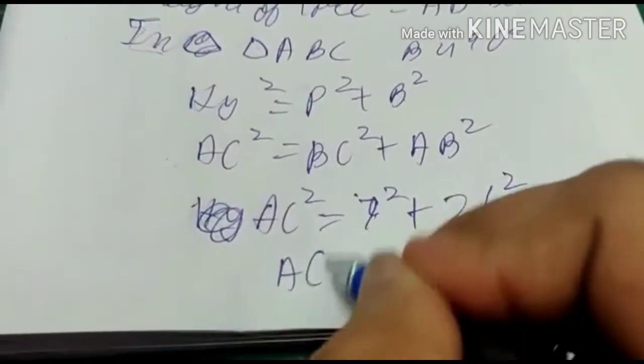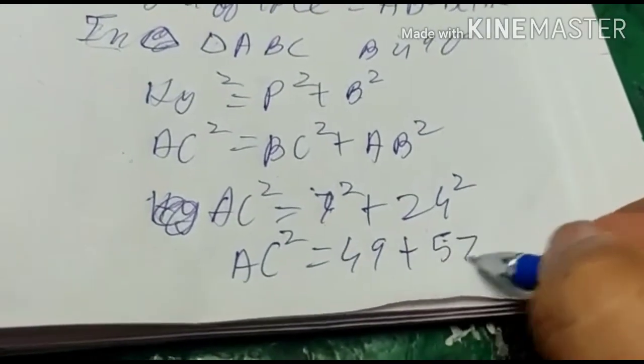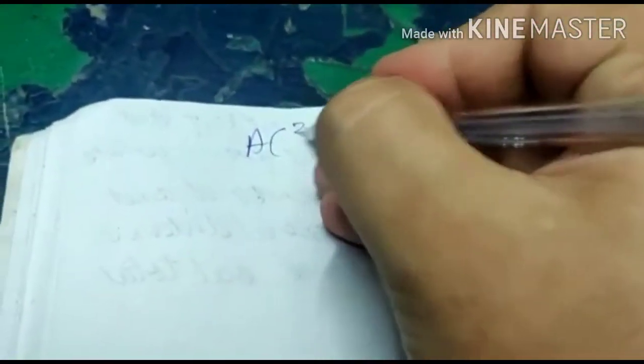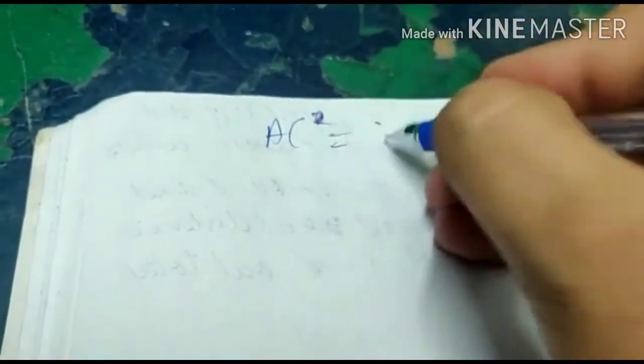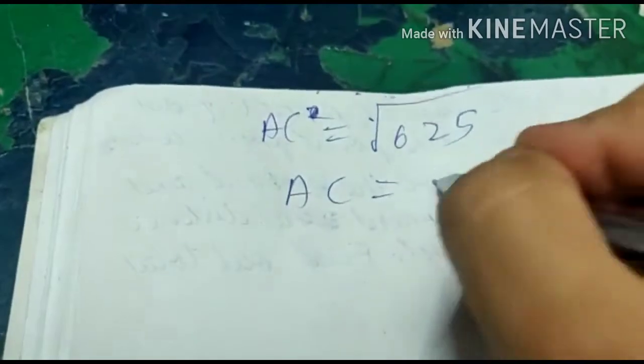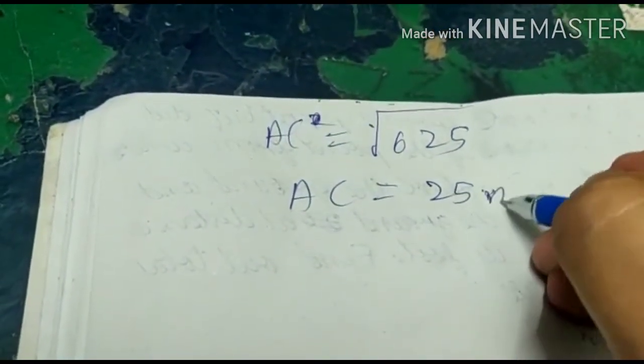AC square equals 49 plus 576. So AC square equals 49 plus 576 gives 625. Taking the square root, AC equals 25 meter.